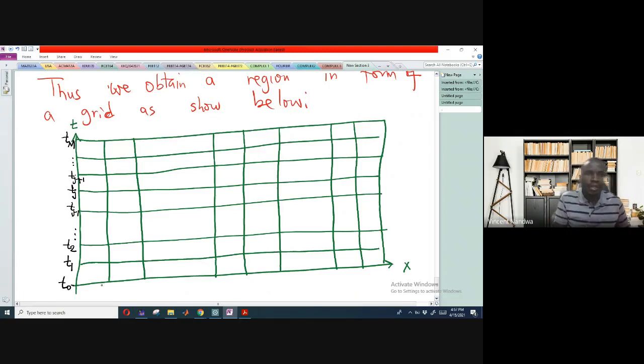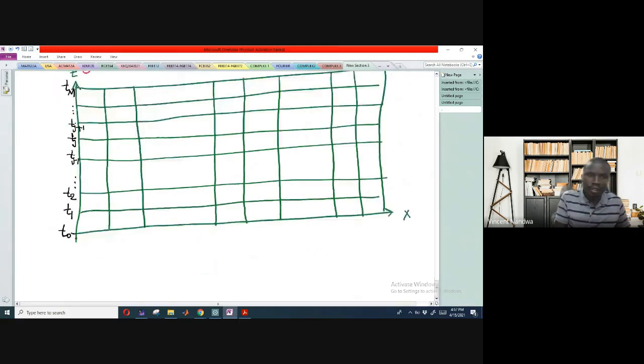And then on the horizontal axis, we have x0, x1, x2, up to xi, this is xi minus 1, this is xi plus 1, and then you continue up to the last one, x sub n.